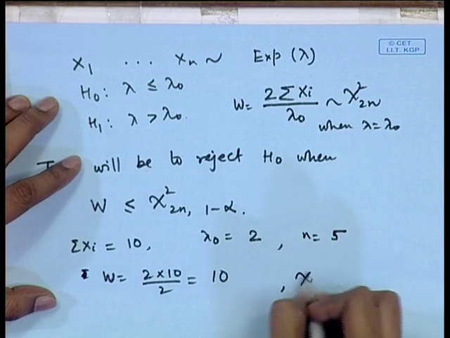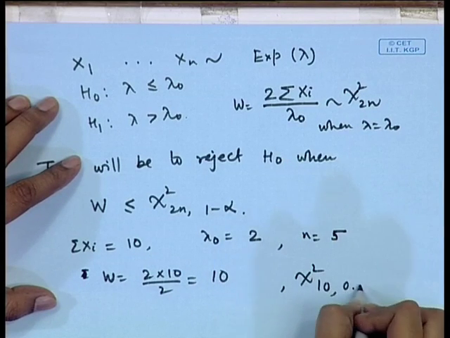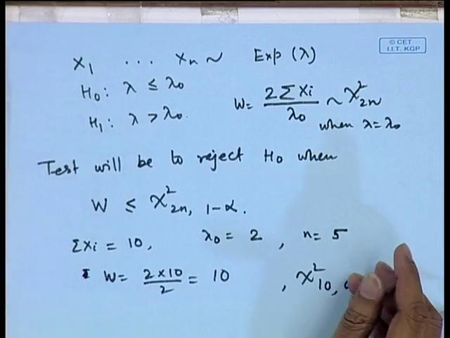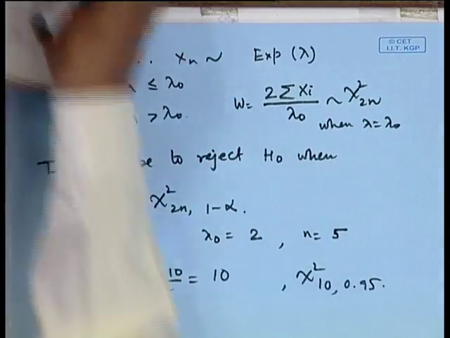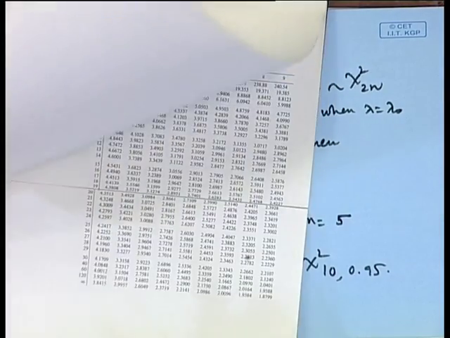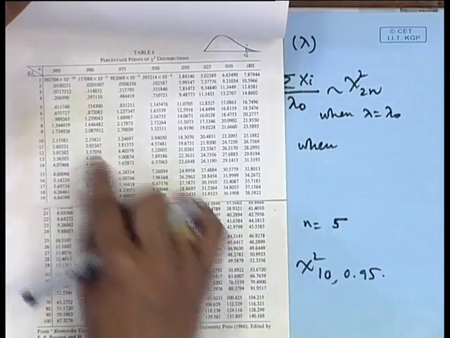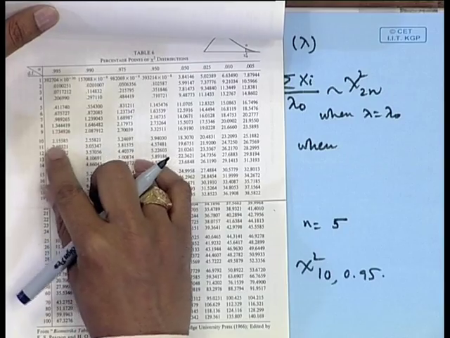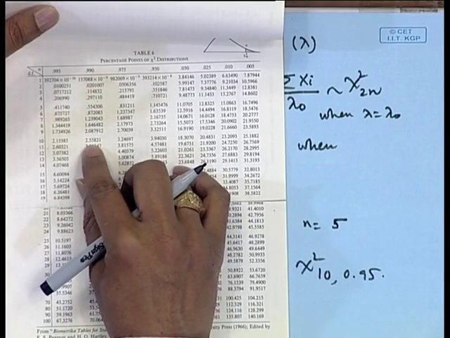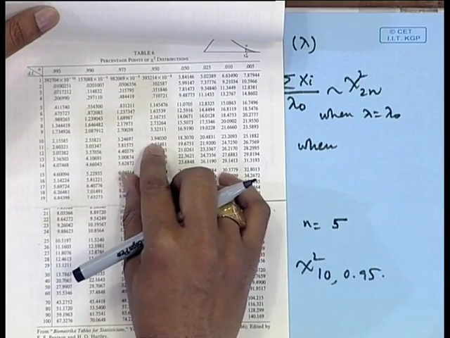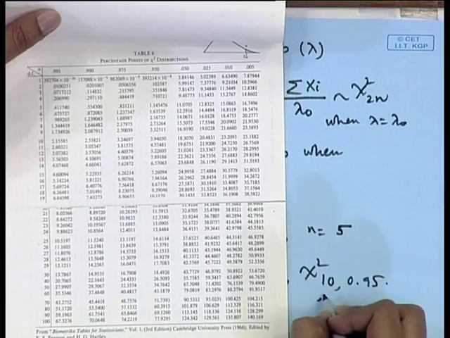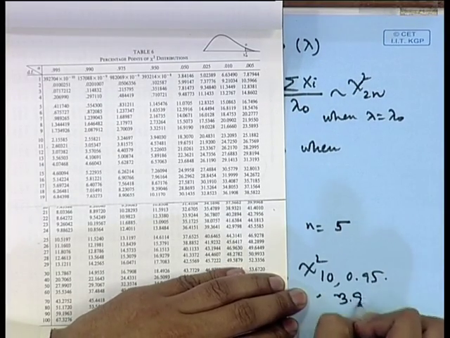Now, if you look at chi square value at 10 degrees of freedom at 0.95, then from the tables of the chi square distribution, this value turns out to be 3.94.